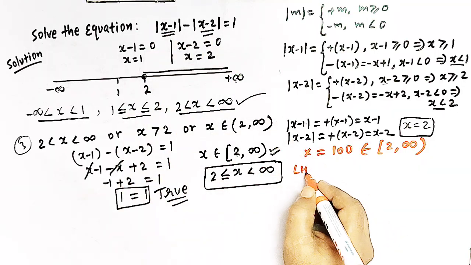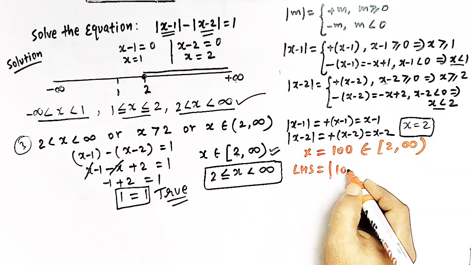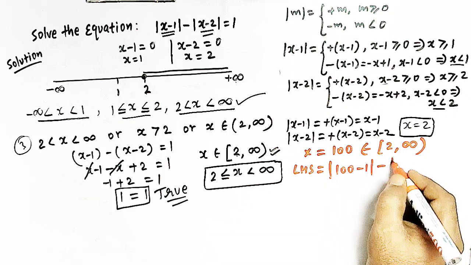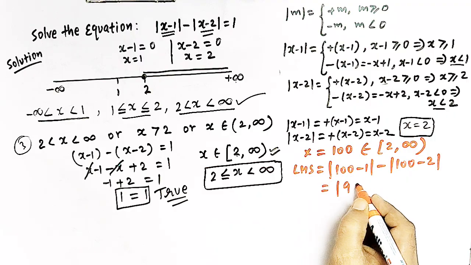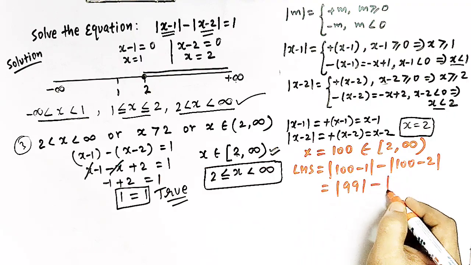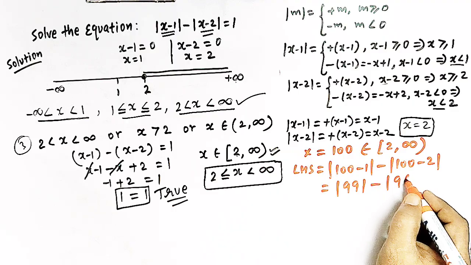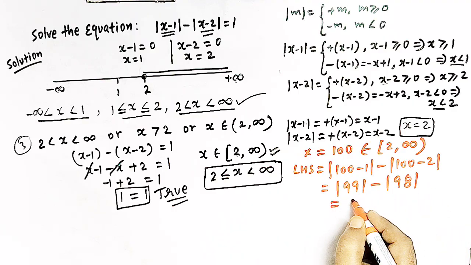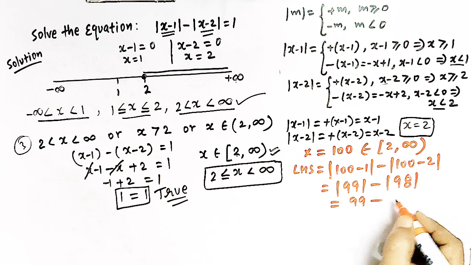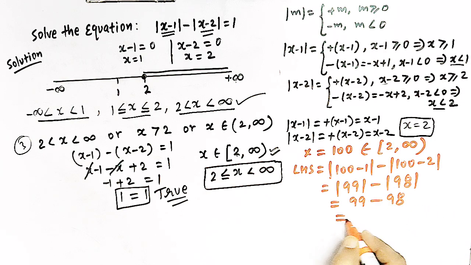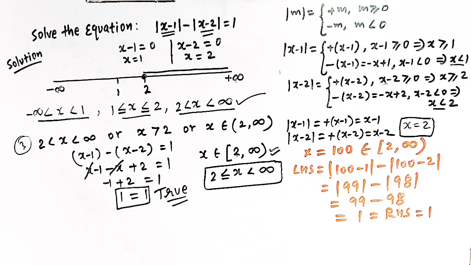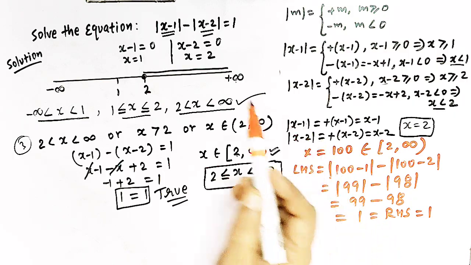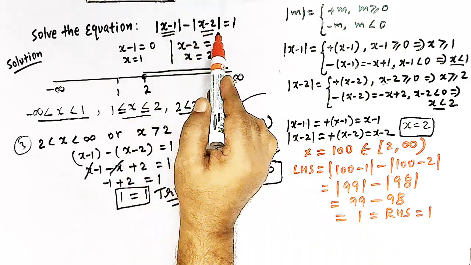So the left hand side is given by mod of 100 minus 1, then we have mod of 100 minus 2. So here we have mod of 99, and here we have mod of 98. So mod of 99 is simply 99, and here we have simply 98, that is the difference is equal to 1, which is equal to the right hand side, that is equal to 1. So x is equal to 100 is a solution of this equation, right?